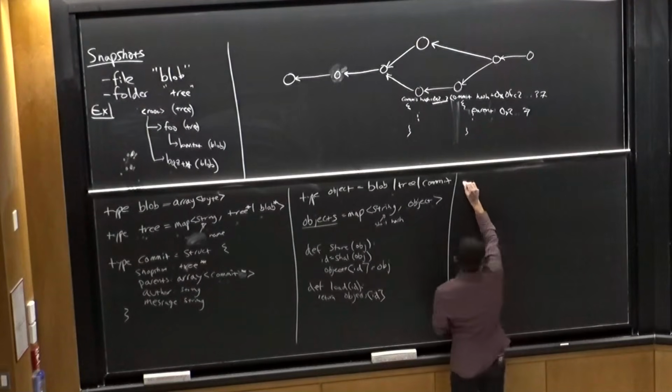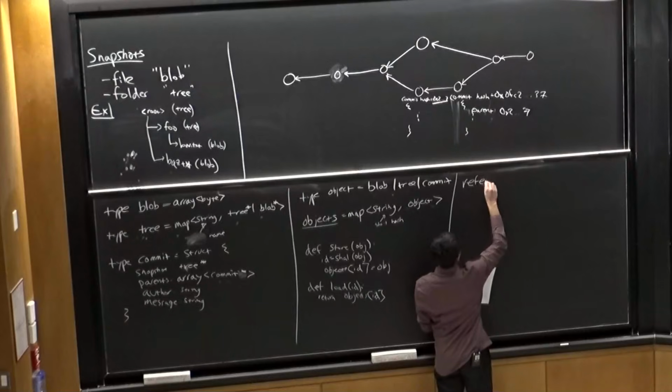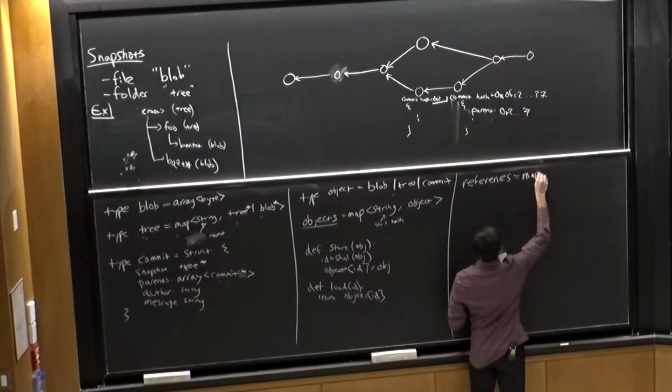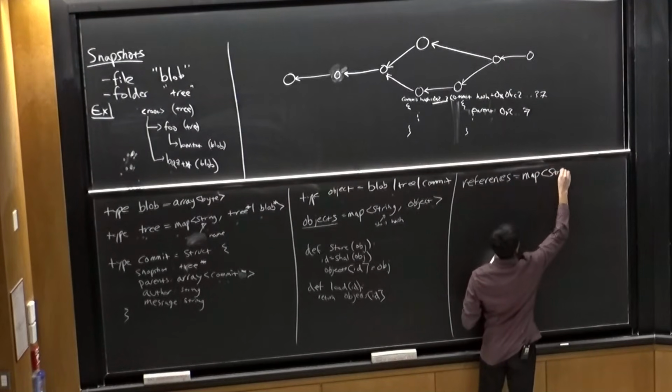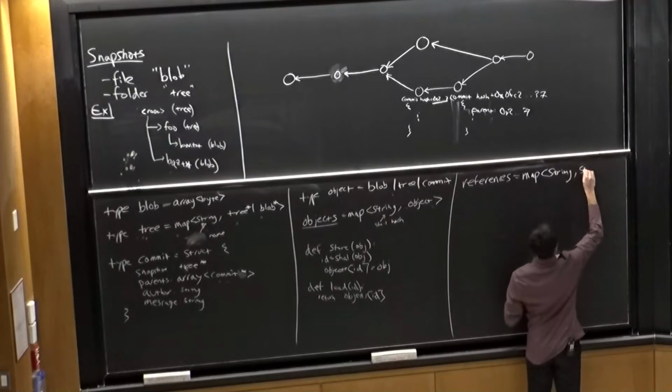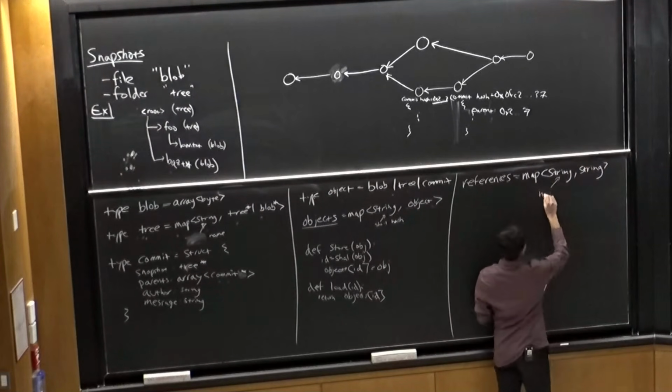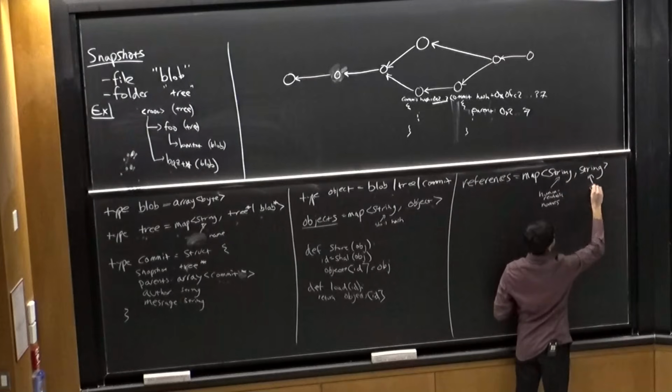So Git introduces a concept called references, that maps human readable names to SHA-1 hashes.